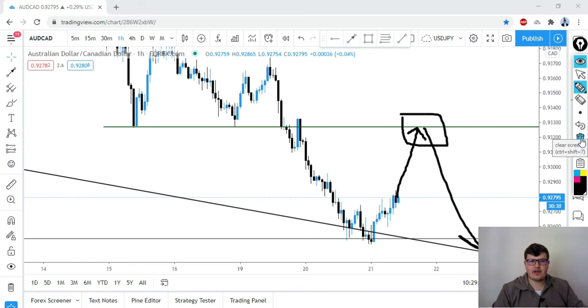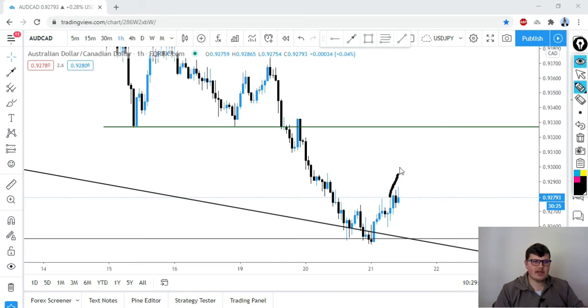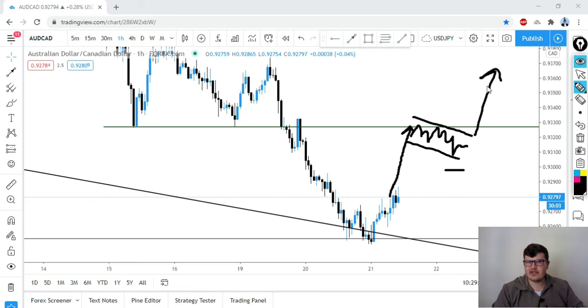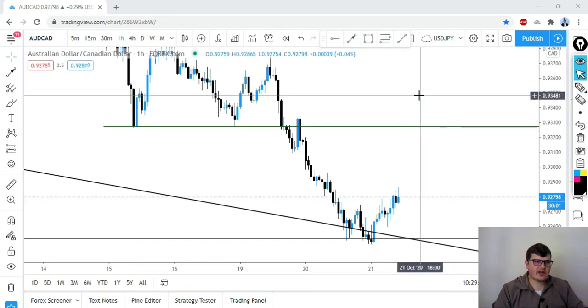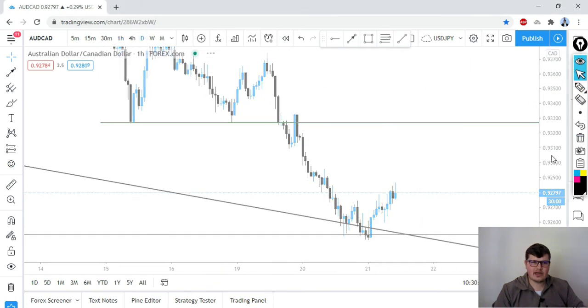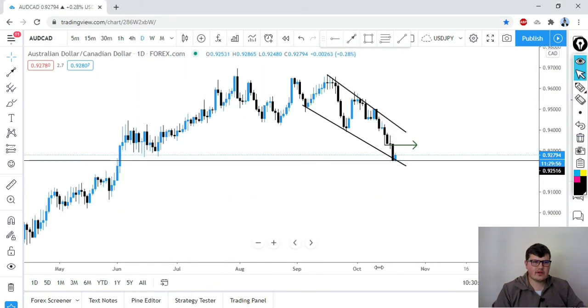My initial trading idea is maybe something like this: price heads into this resistance area, there's a bit of rejection, maybe some consolidation, forming a nice bull flag. Then we can enter this trade to the upside with our stops below over here. So this is also a nice, decent trade. That is just my trading idea for the Australian dollar Canadian dollar currency pair.